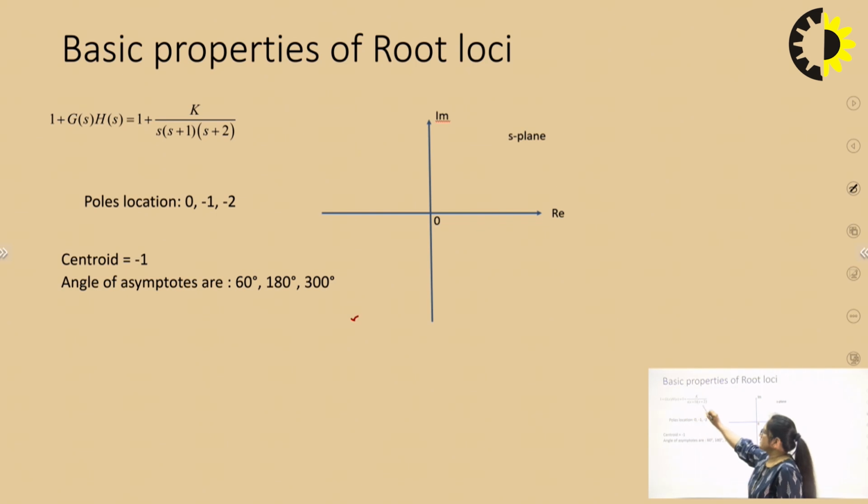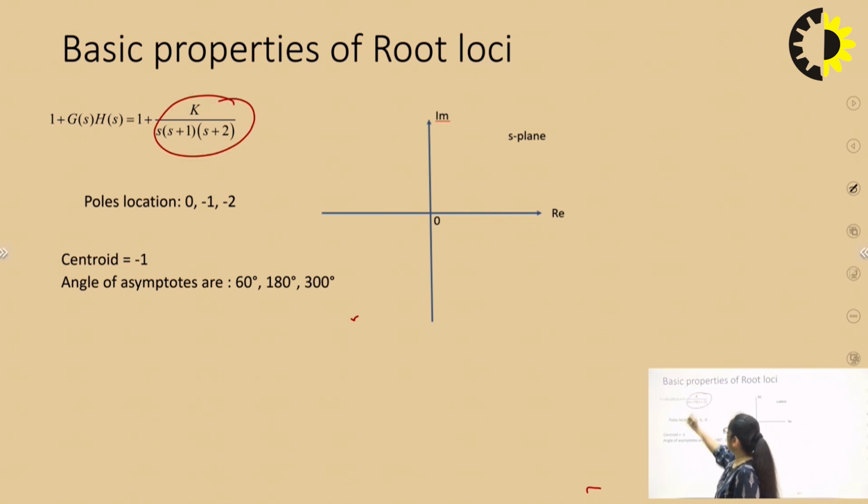Let us take one more example here to know how we find out the centroid and the angles of asymptotes related to rule 6 and rule 7. So GSHS is k upon s into s plus 1, s plus 2.